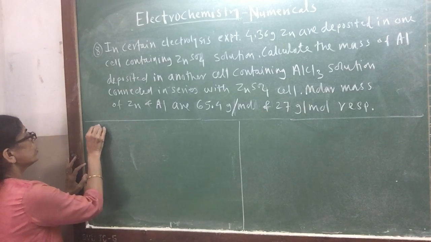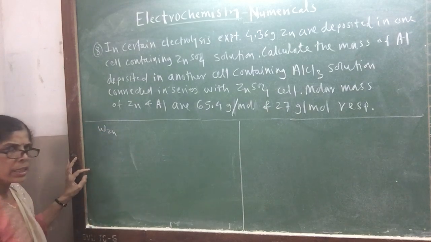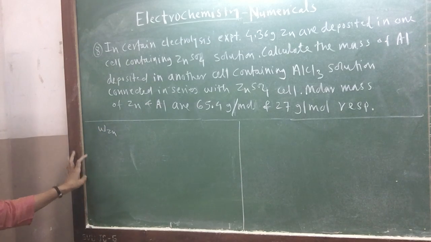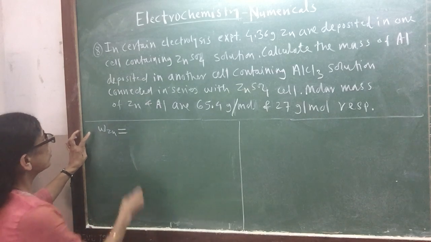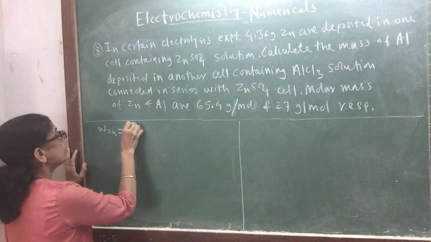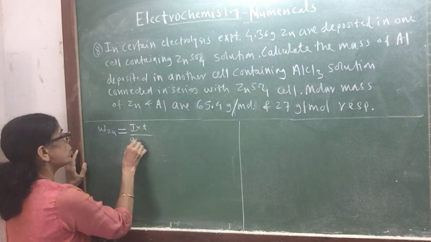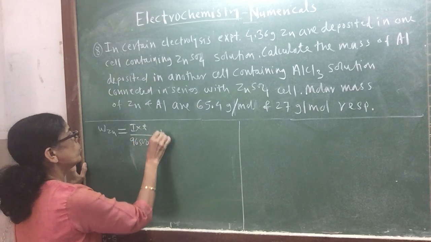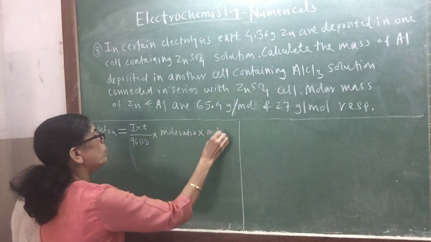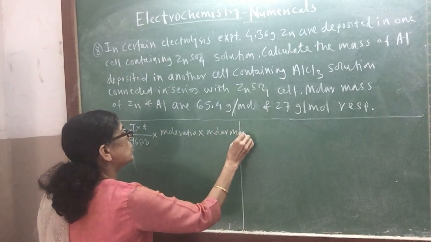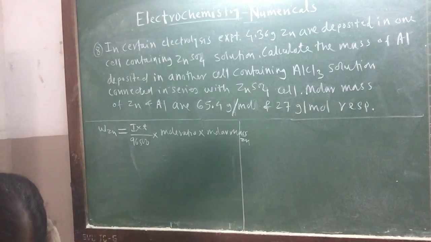See, the mass of zinc deposited, weight of zinc deposited, W you can say. So W_Zn is equal to what? I into T upon 96500 into mole ratio into molar mass of zinc, isn't it?